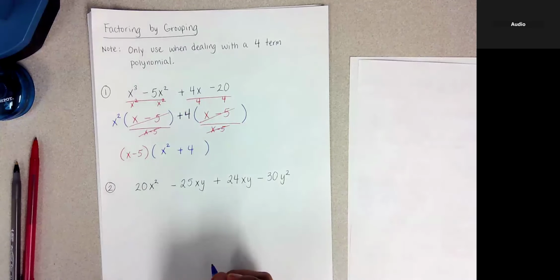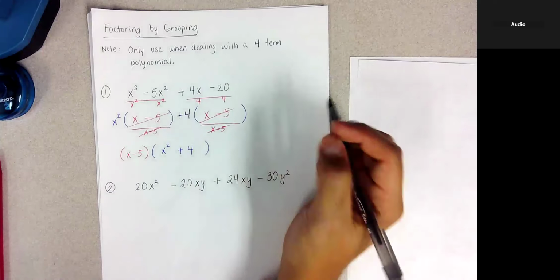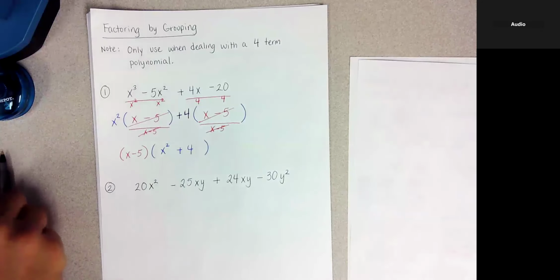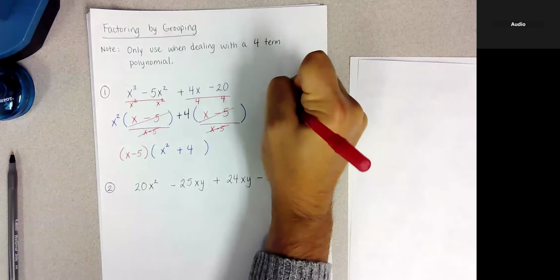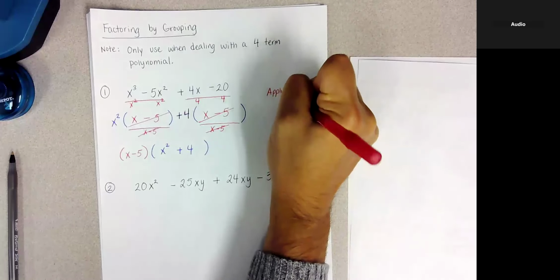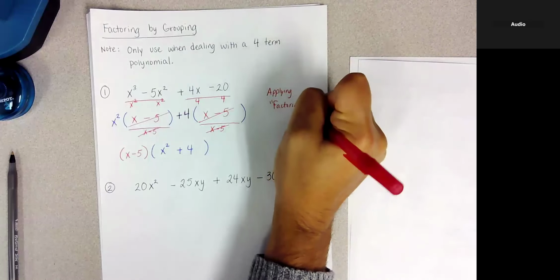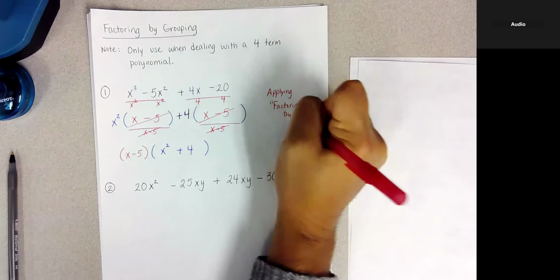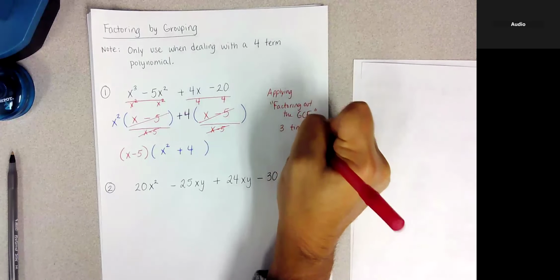Okay. And that's it. Kind of anticlimactic, but in reality, you might notice that factoring by grouping is simply applying factoring out the GCF 3 times, right?